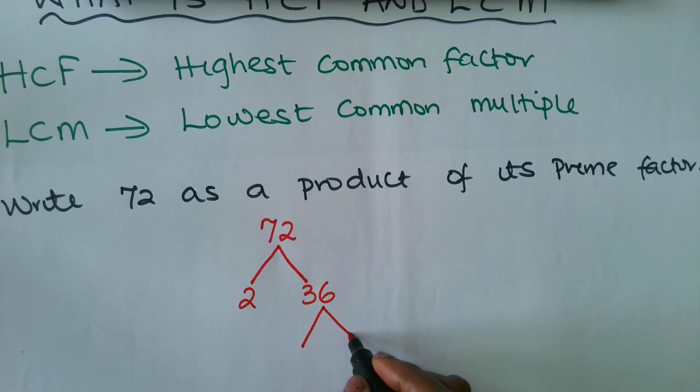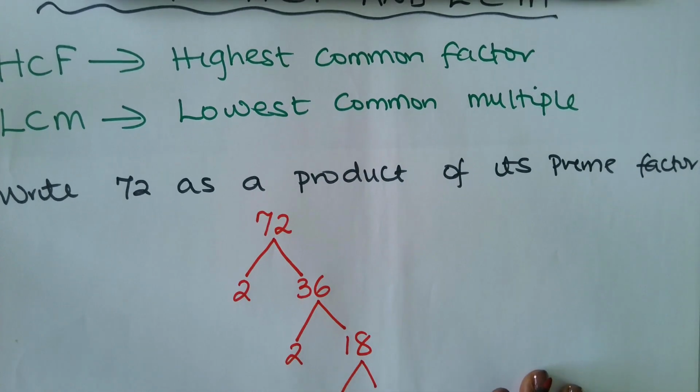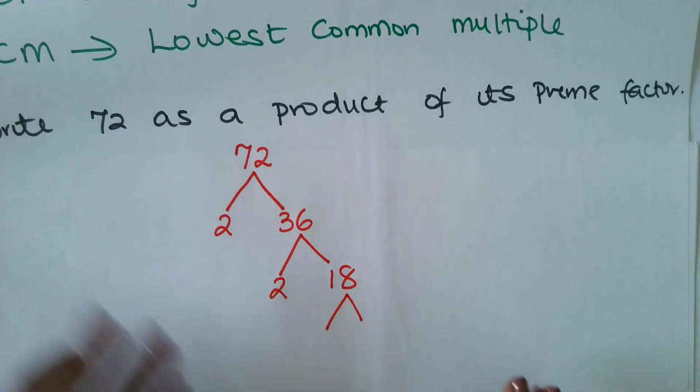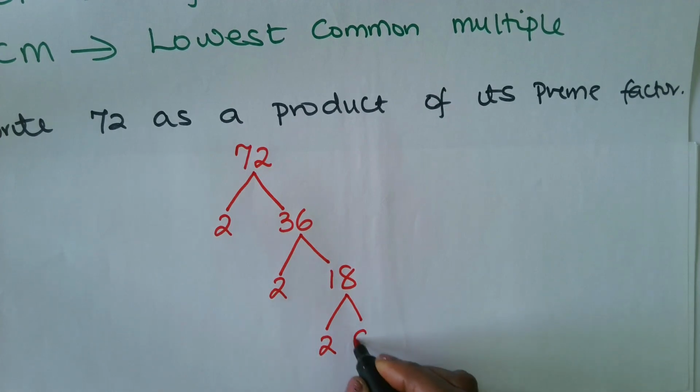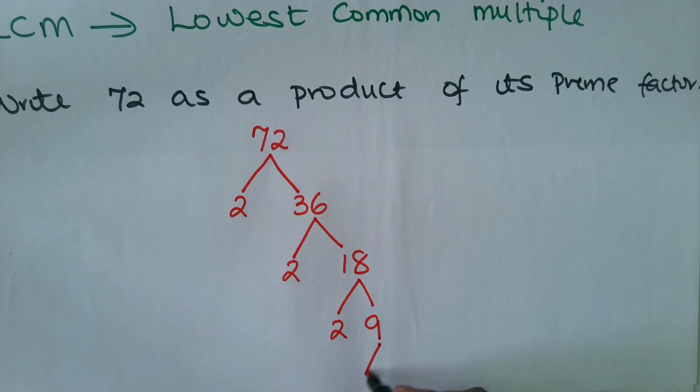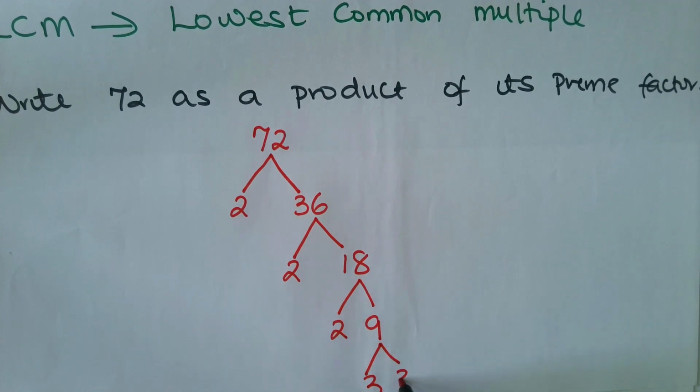Now 36 will have to be broken down into 2. So I've got 2 and I've got 18. 18 will give me 2 and 9. And 9 will give me 3 and 3.